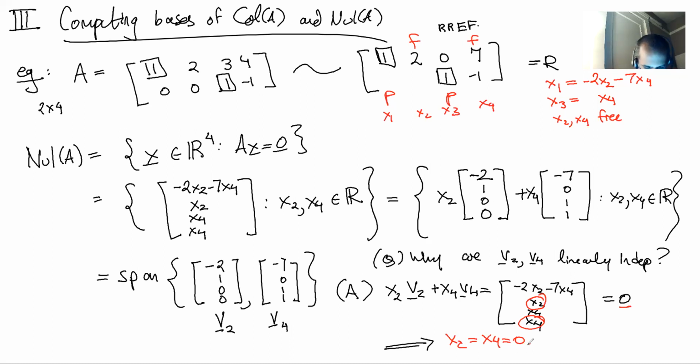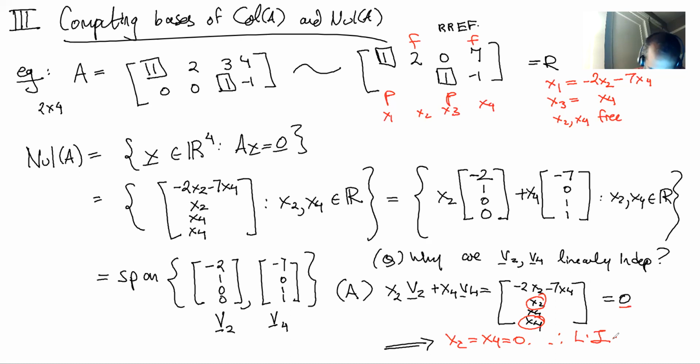In this approach, the free variables will always appear as entries of the linear combination. So if the linear combination is 0, all the entries have to be 0, so the coefficients have to be 0. So these are linearly independent. And this will always work because the free variables, which are the coefficients in the linear combination, always appear as entries of the linear combination.